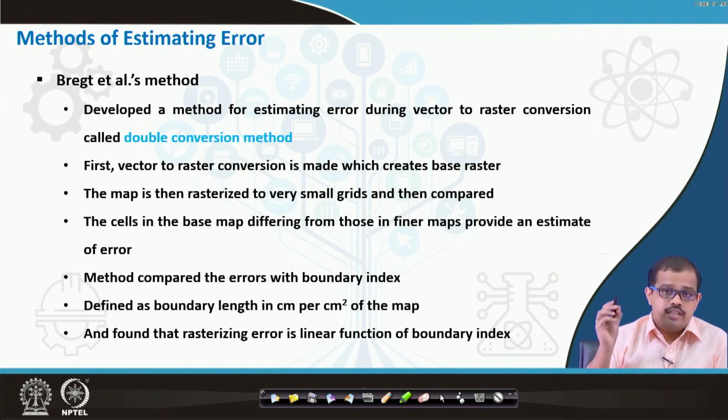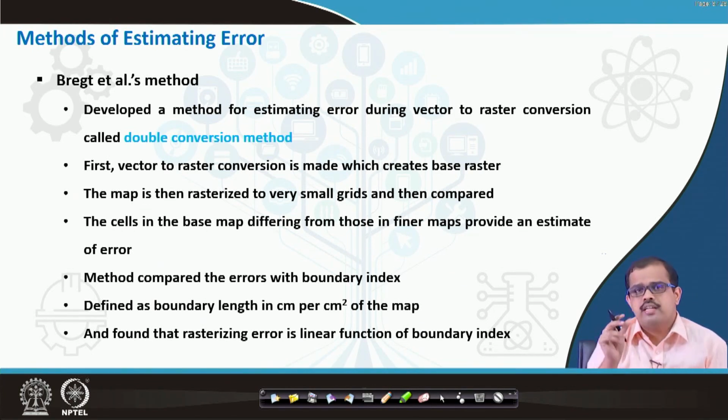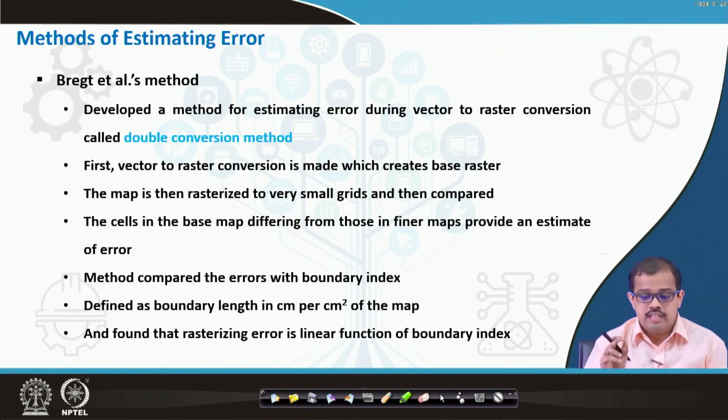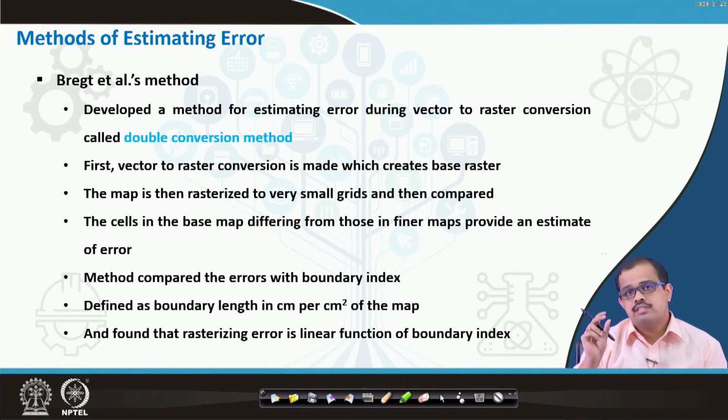That is, the cells in the raster map, defined with the small gridded cells that you have converted from vector to raster, provide an estimate of the error. The amount of error is then defined by the thin difference that may be there between the layer converted from vector to raster and the base raster map.